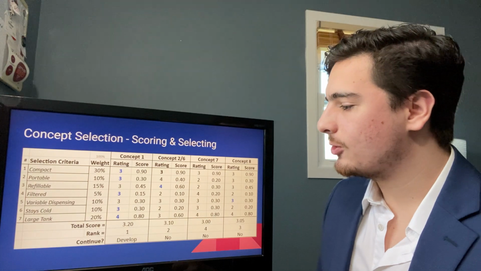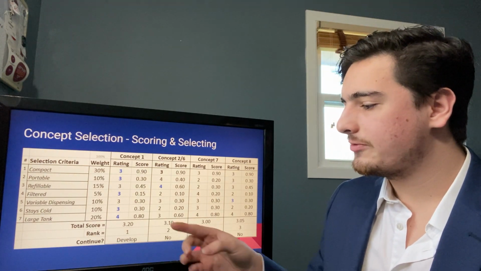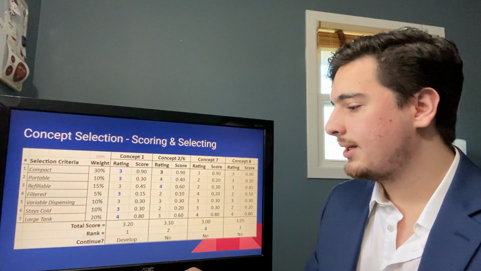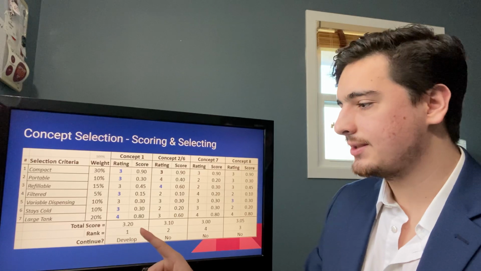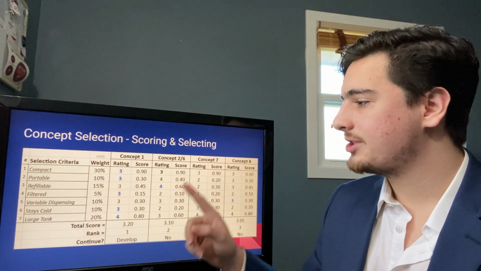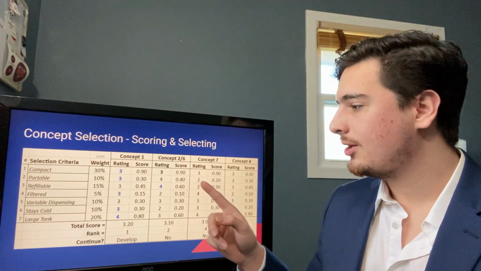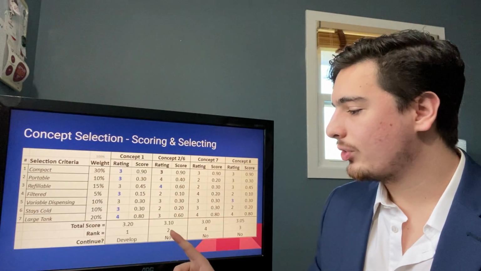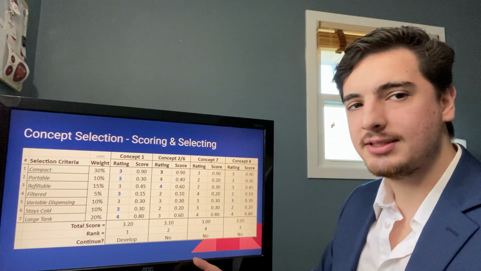So for concept 1, we gave it a total score of 3.2, which ended up being our first place concept. For concept 2/6, which is the one that we combined, it got a score of 3.10, which was the second pick.